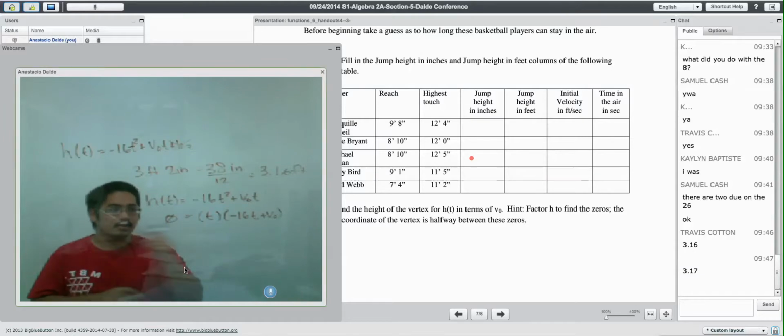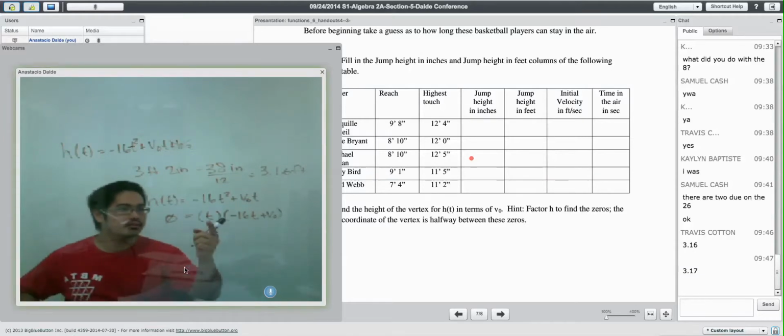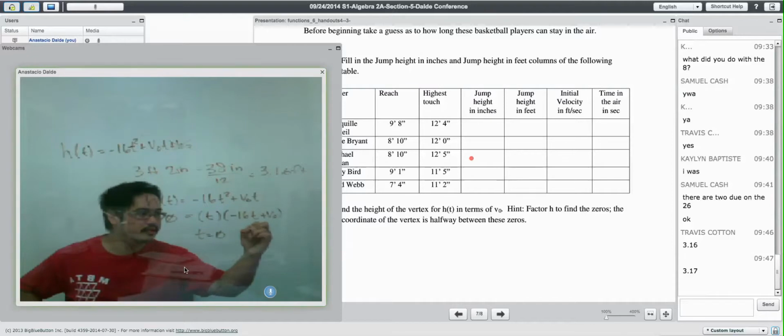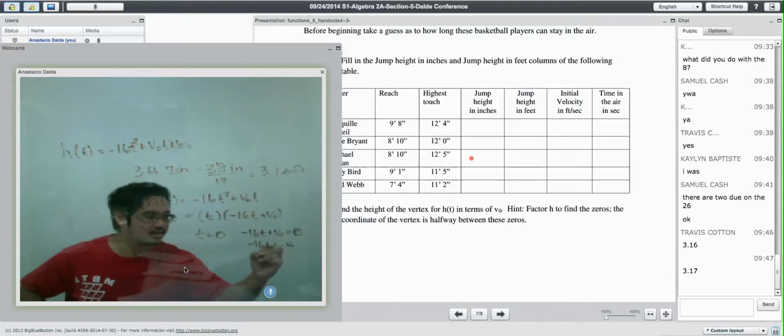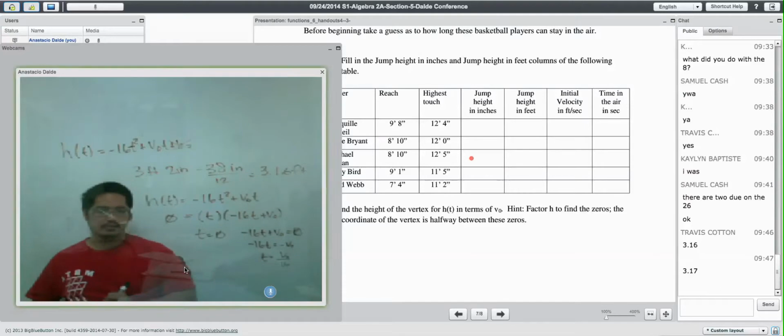So they're on the ground at t equals 0, or negative 16t plus v naught equals 0, which tells me negative 16t equals negative v naught, which tells me t equals v naught over 16. Got it? Does that make sense to you? Did I just speak crazy, or do you understand?